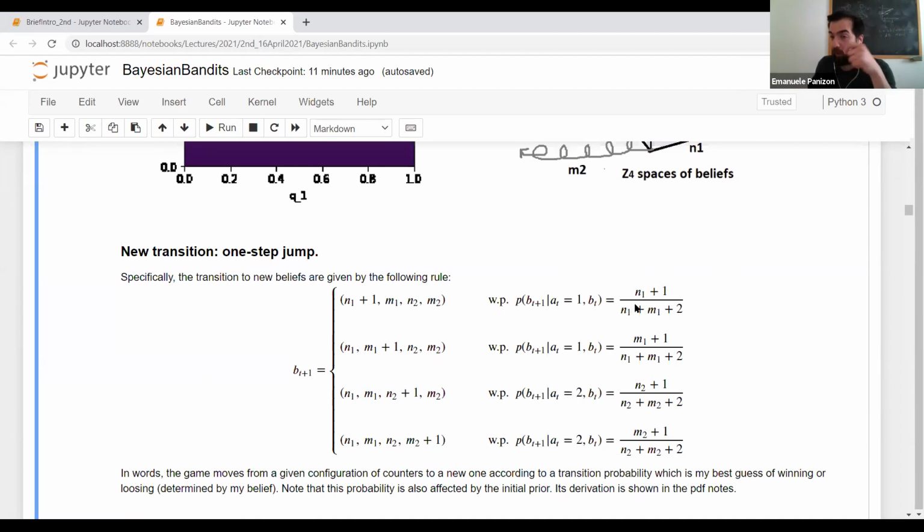You could do it mathematically: you integrate over all the states weighted by the belief in the state, and ask in each of these states what is the probability of taking action 1 and giving a success. But in the end the result is very simple, and it's just this here.